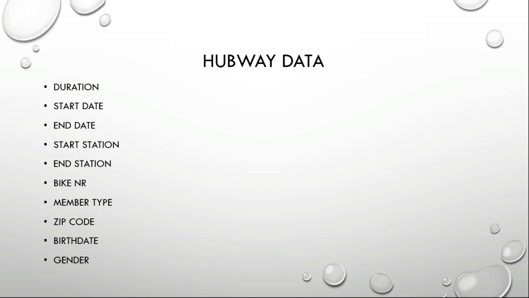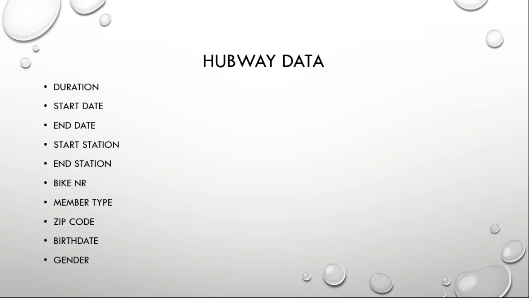The data that we collected included the duration, which was the amount of seconds that the ride took, the start date of the ride, the end date of the ride, the start station, so where they picked up the bike, and their end station, where they dropped off their bike.